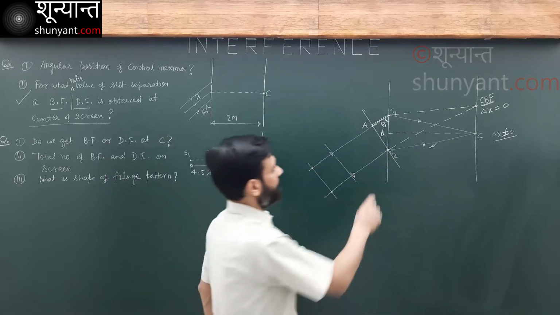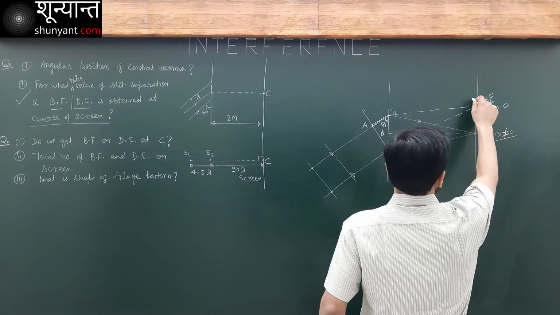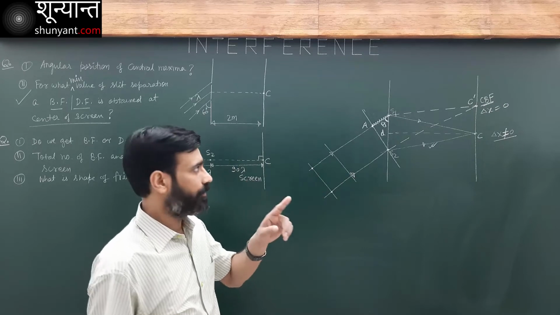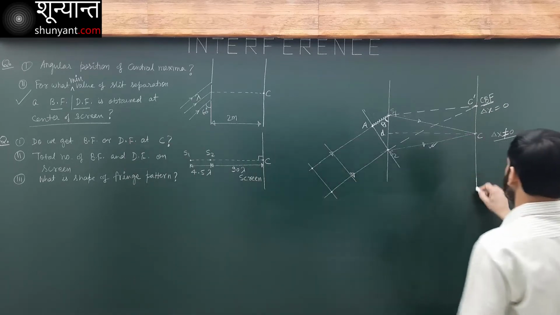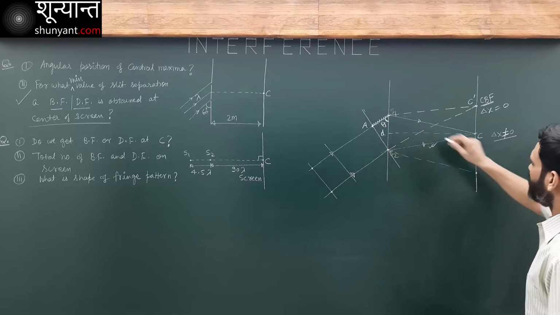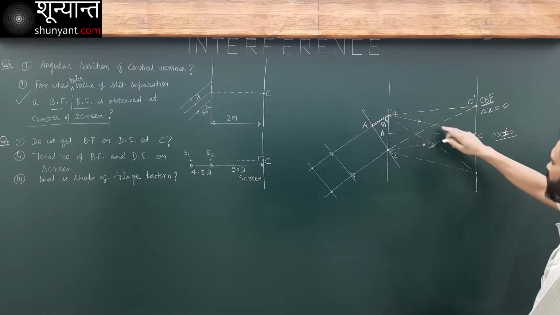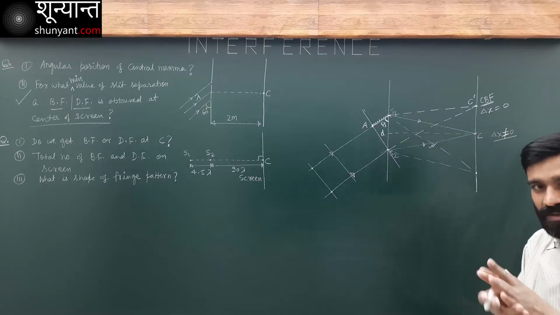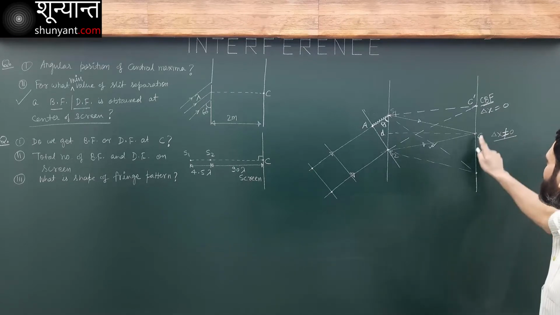This point is P, or let's say it is C dash. The central bright fringe goes up because if it shifts down, the path length of this upper light ray increases further. Here the path difference is not 0. If I come down, the path difference keeps on increasing. I have to decrease the path difference. I have to make it 0. So it should go up.